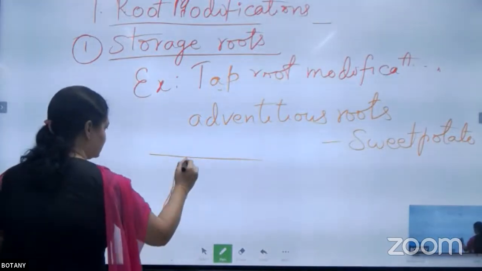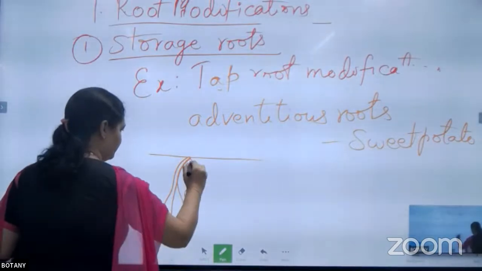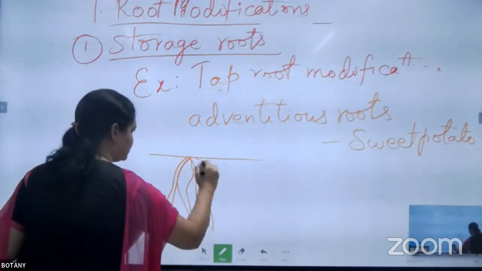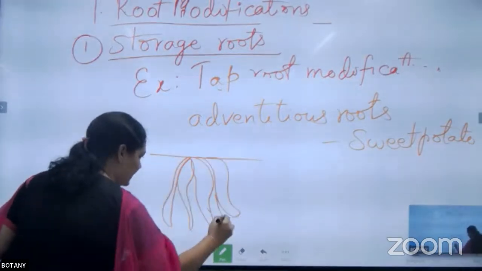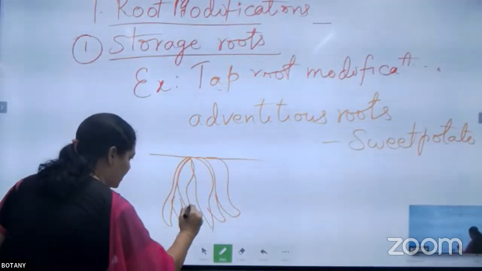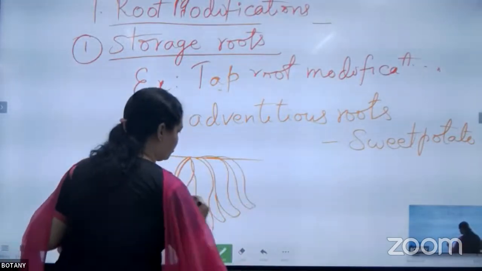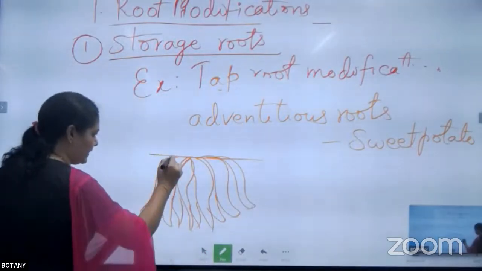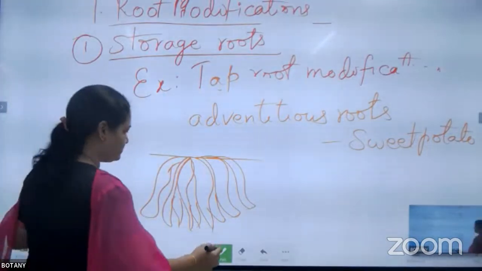Shapeless one is the sweet potato, because many roots are present which can store the food material and take any type of shape. That is the adventitious roots which are storing the food material in them. This is the beetroot, sweet potato.